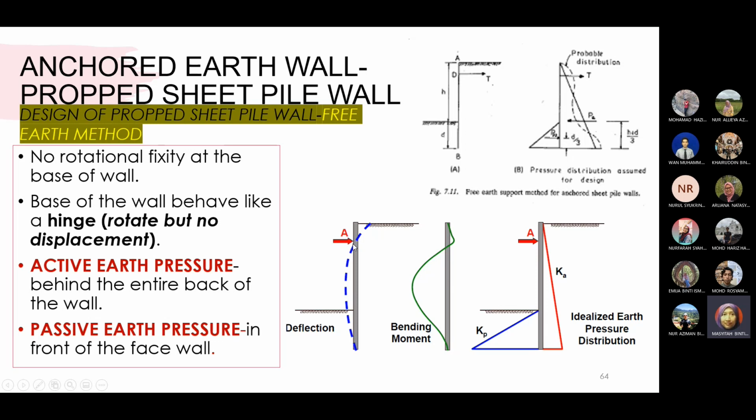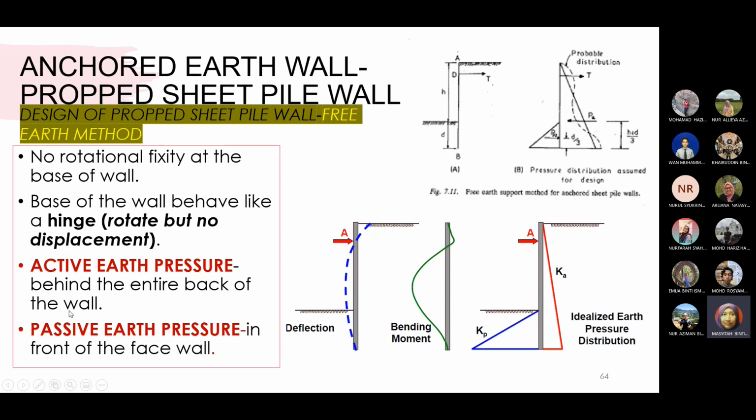So you apply force here, dia akan ada pengsongan daripada arah daya yang you kenakan from the toe of the wall sehinggalah to the top of the retaining wall. So the base of the wall behave like a hinge, rotate but no displacement. Itu maksud dia. Kalau you nampak kat sini, dia ada deflections tapi deflection dia tak produce any displacement. Dia punya displacement equal to 0.